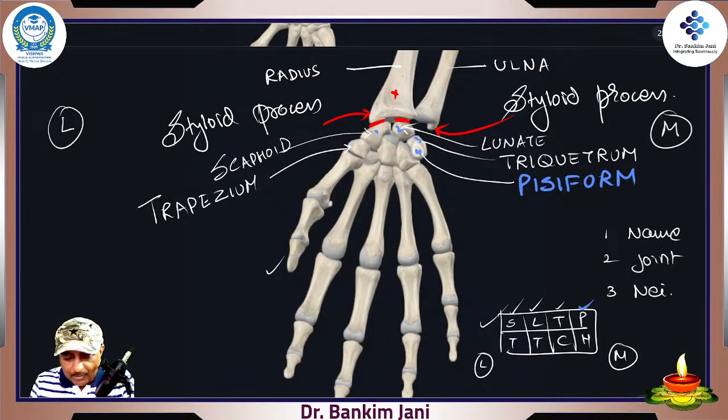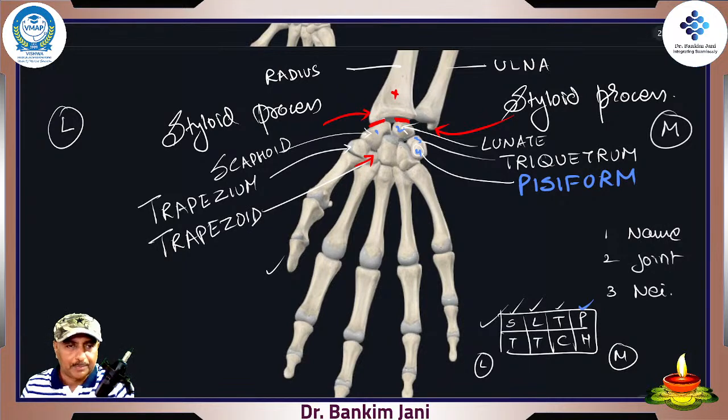So trapezium, and next is this trapezoid. Then comes a big bone, quite big. The captain. So let's name him capitate.